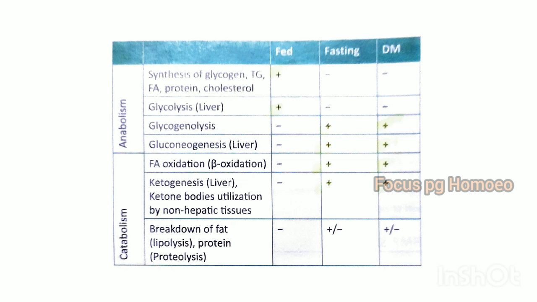Coming to the catabolic pathways, fatty acid oxidation starts in fasting and diabetes mellitus. Ketogenesis by non-hepatic tissue starts in fasting and diabetes mellitus. Breakdown of fat starts either in fasting or in diabetes.